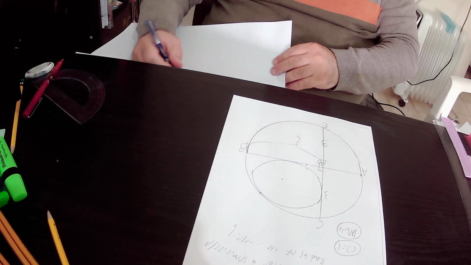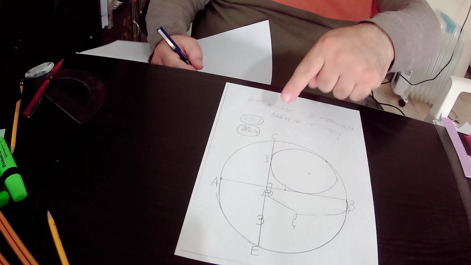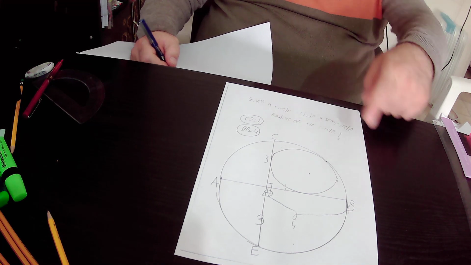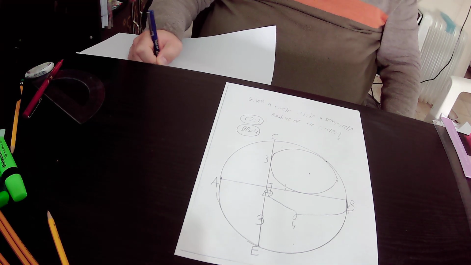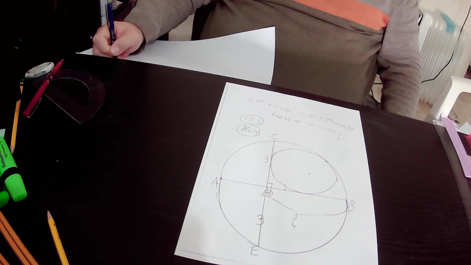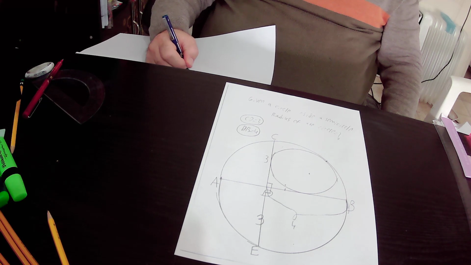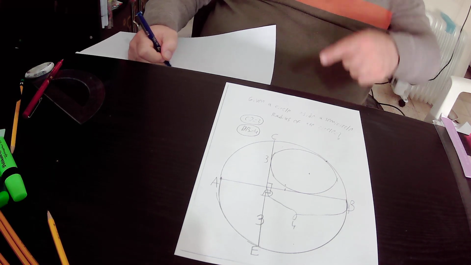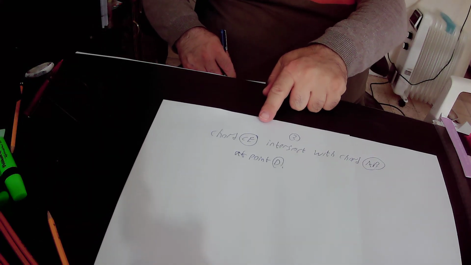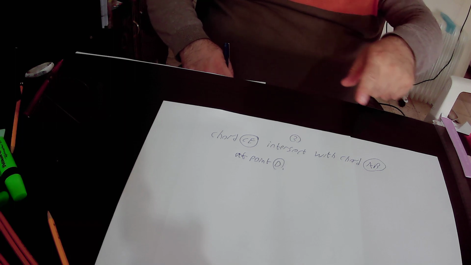In our original drawing, chord CE intersects with chord AB at point D. Point D is the intersection point of chord AB with chord CE.